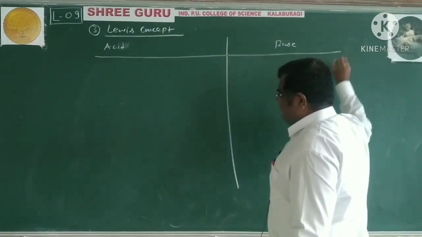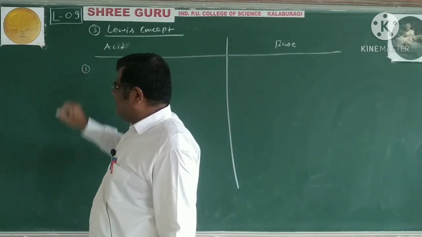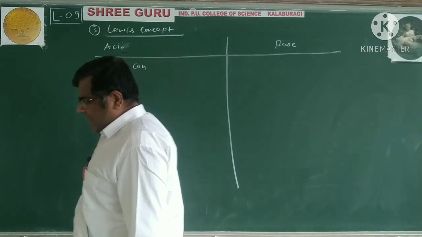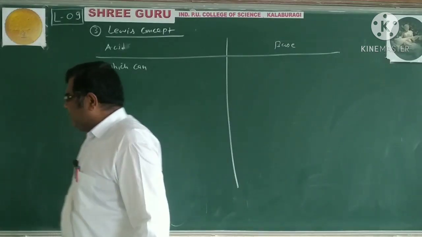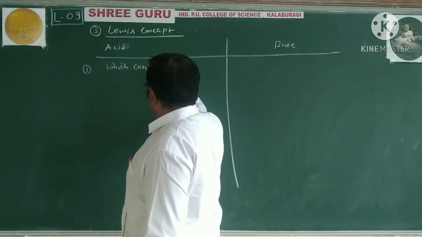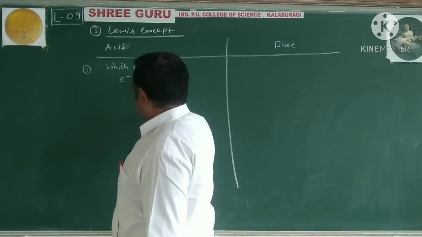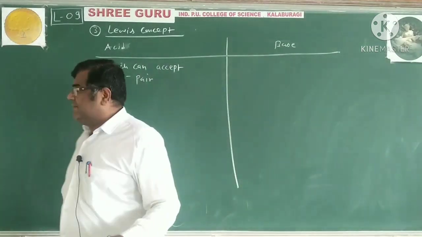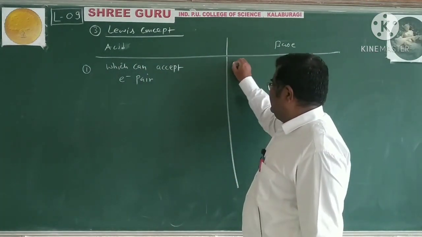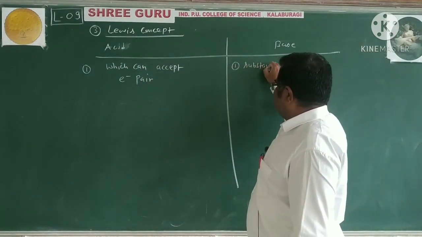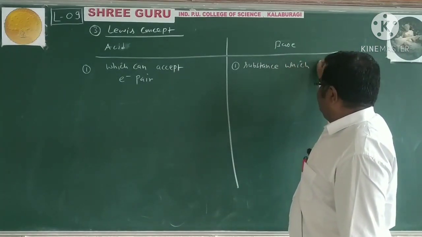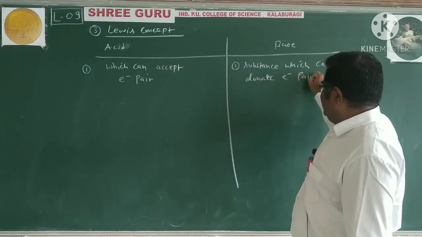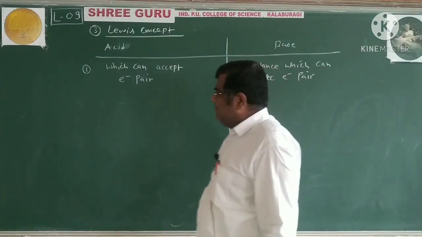How we define it? The first point here says that substance which can accept electron pair is called as acid, and substance which can donate electron pair is called as base.